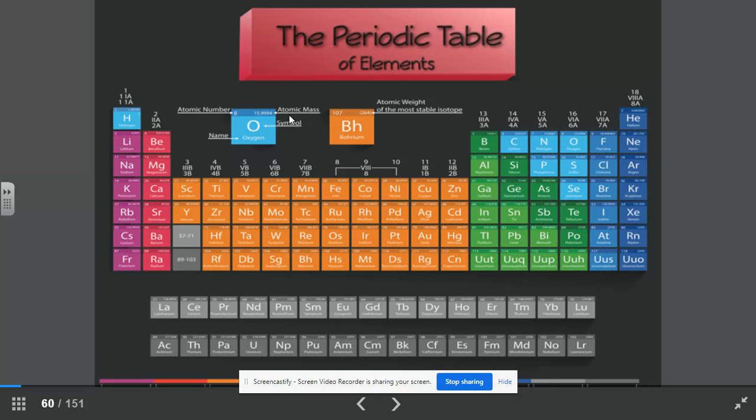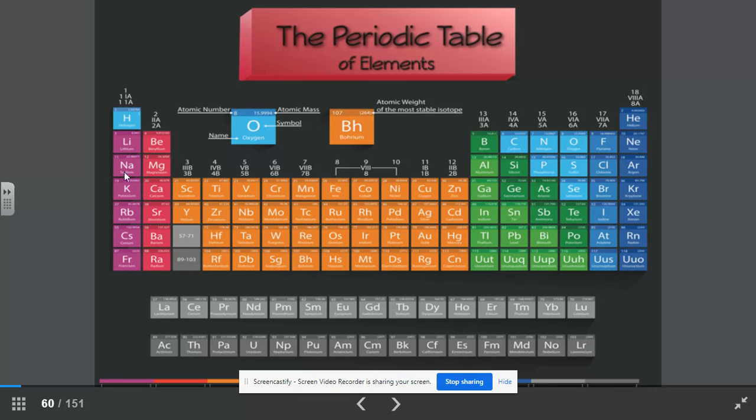Sometimes you will also see that referred to as the weight. Sometimes we say atomic mass, sometimes we say weight, but I just want you to be familiar with that. Okay.